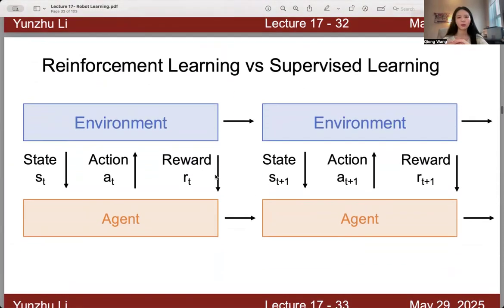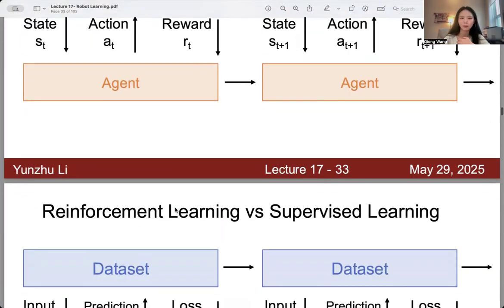In the graph like this, the agent gives the action to the environment, and the environment feeds back the state and reward to the agent. Then it moves to the next step. The agent gets the state and the reward from the environment and feeds back the action to the environment.